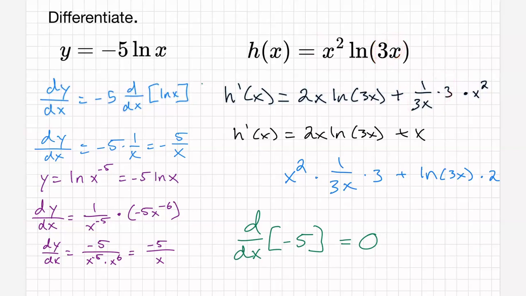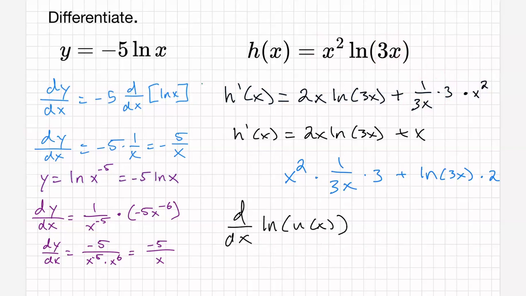Okay, so if we want to write an expanded form for natural log, just to express what we looked at here, we could say the derivative of the natural log of anything will equal 1 over whatever is on the inside times the derivative of that very thing, making sure to account for that chain rule.